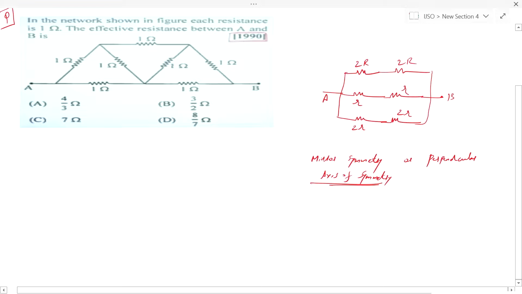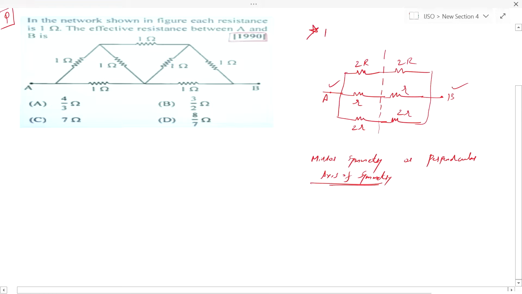First you draw a perpendicular bisector from AB. You want to calculate the resistance between A and B, correct? So I am drawing a perpendicular bisector over here.